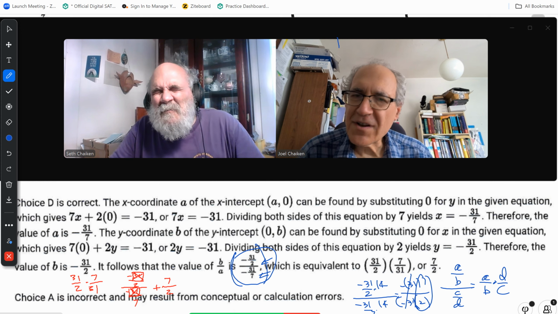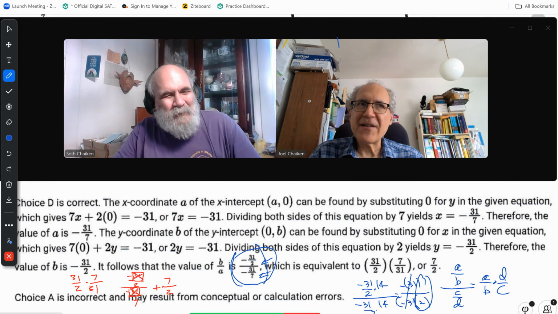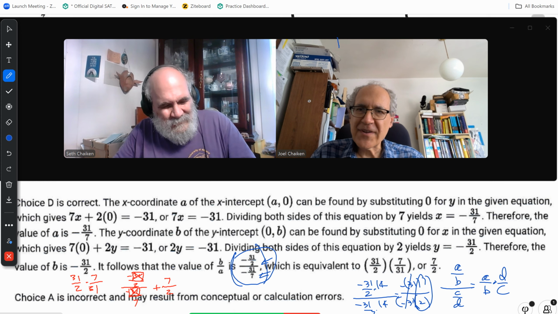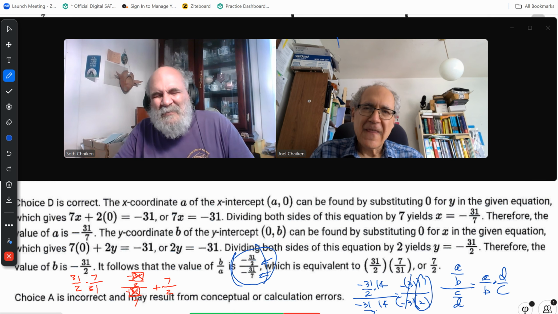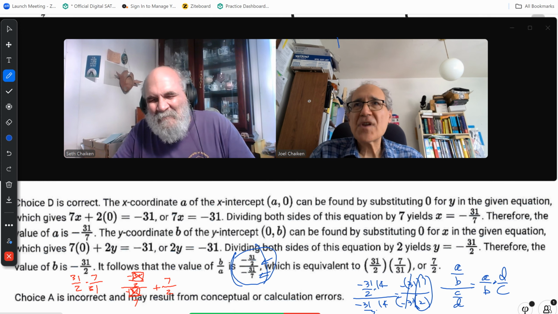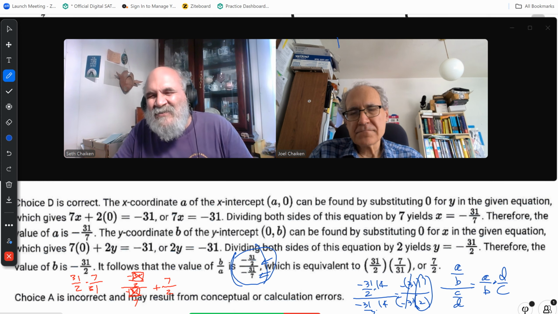But the question may say, what is the domain of this expression, or what is the domain of this function? Say that you have this expression that's undefined at a certain point in the domain.